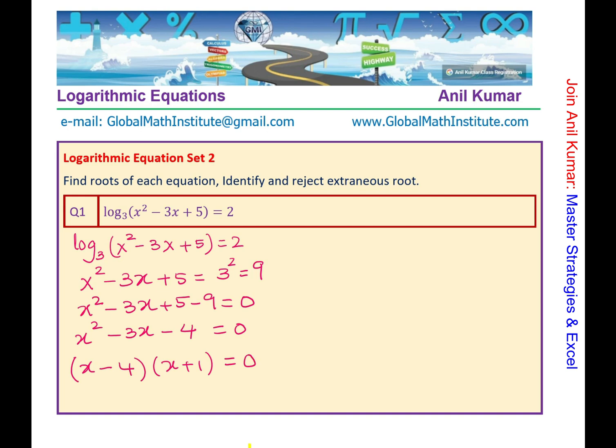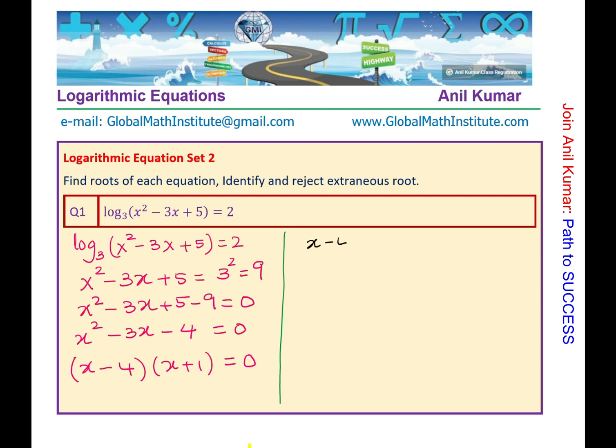So that gives you two solutions for this equation. Applying the zero principle, the product of two numbers is 0 means one of them must be 0. So one solution: x minus 4 equals 0, and that gives you x equals 4.